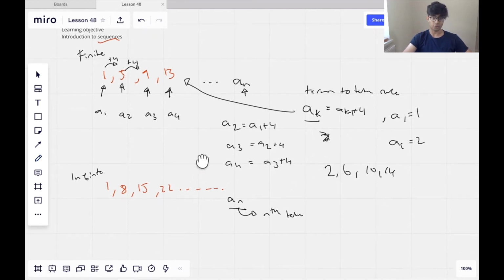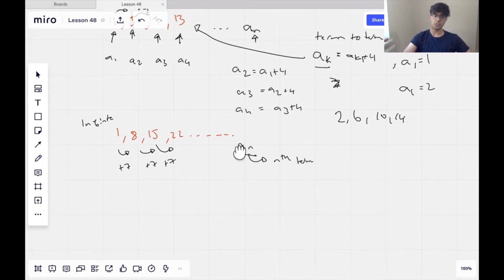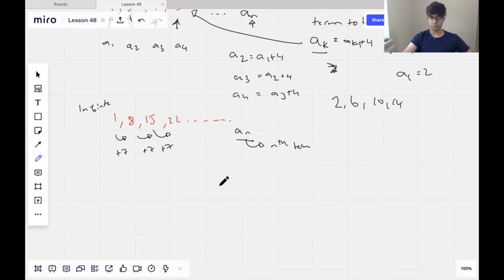If we look here, for example, what's the term-to-term rule? Well, we can see the next term on is the previous term plus 7, and that holds throughout. So in this case, we can say AK is equal to AK minus 1 plus 7. So the term I currently have is equal to the term before it, plus 7.